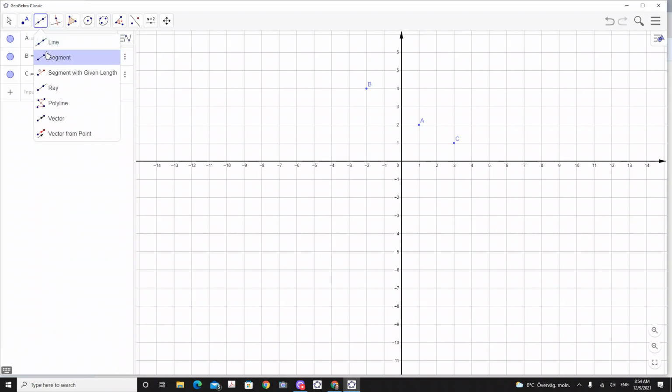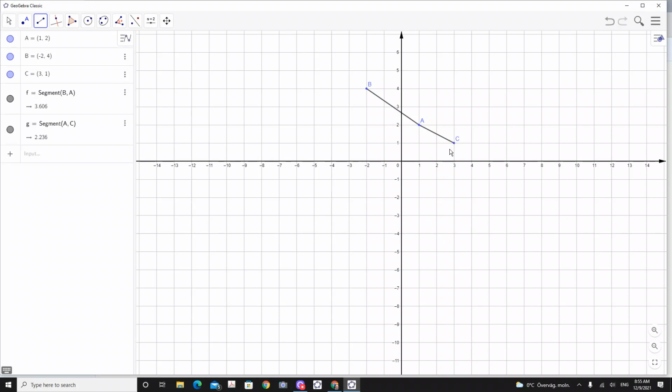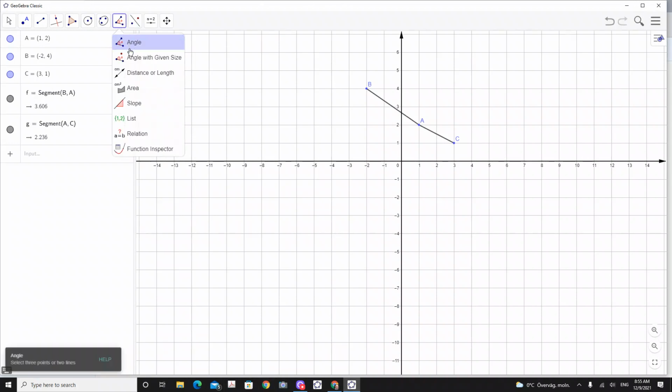So let me draw these line segments from B to A and from A to C. Yes? It's a very, very narrow parallelogram. So where do you think D should be now according to the picture? Because when I drew it myself, I thought that this is bent in this direction, but this is apparently bent in that direction. Do you see? So let me measure this angle for you.